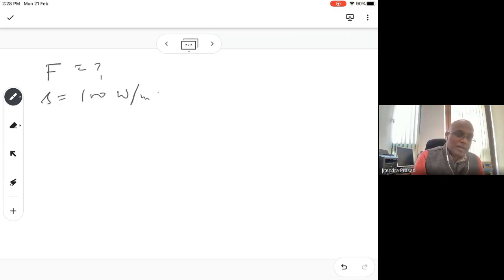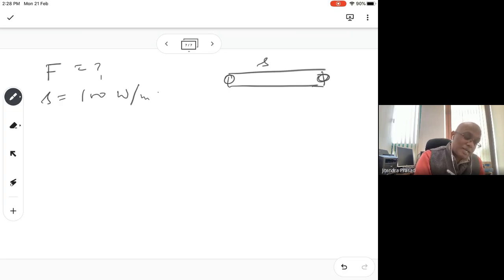How do you calculate it? If you are experienced, you know that if it is 2-noded and you have S like this, then the total becomes S times L. The length of the element is 10, so S times L will be the total.